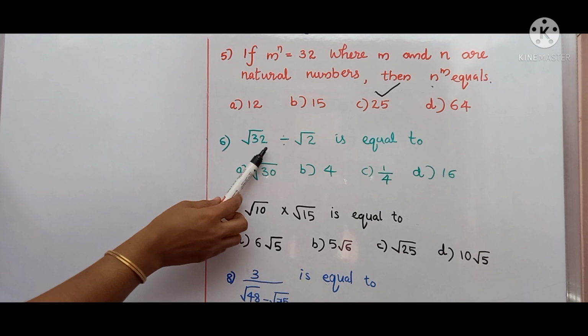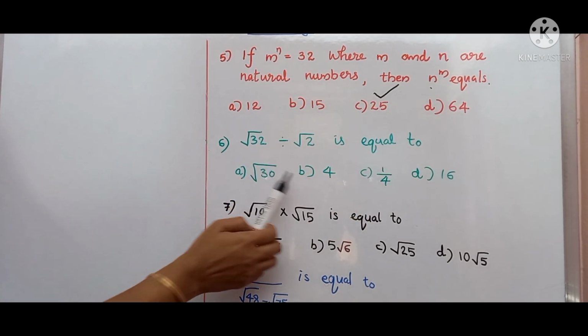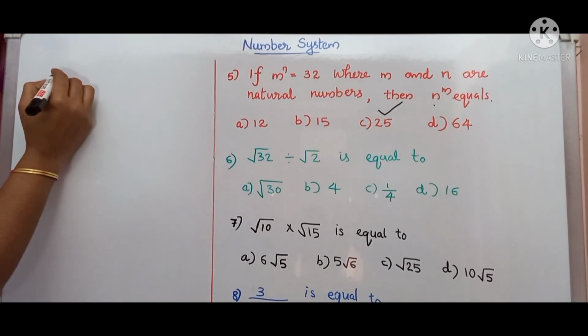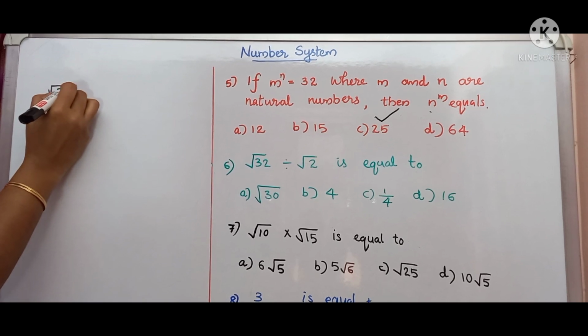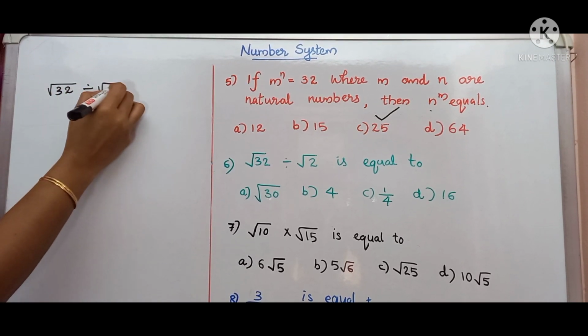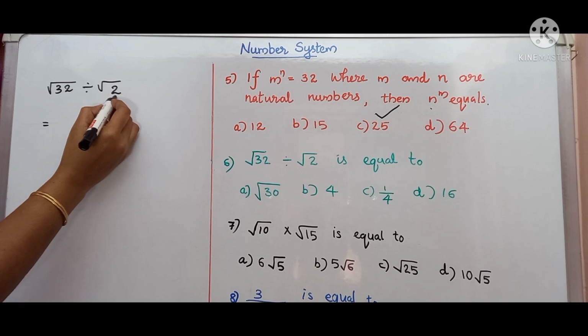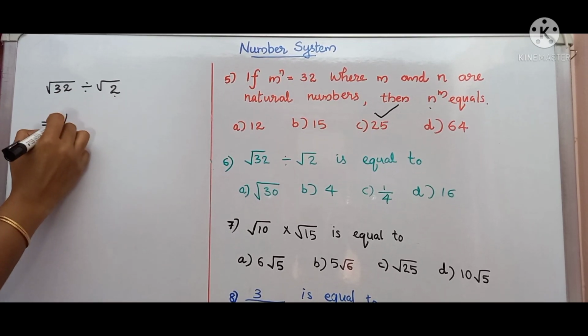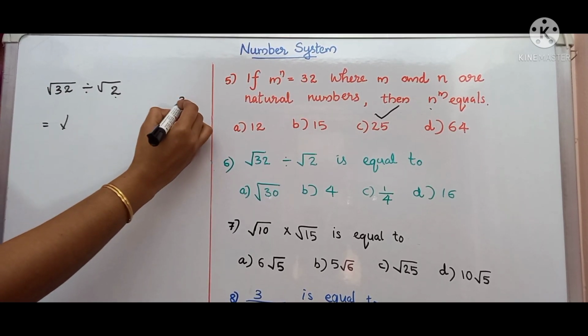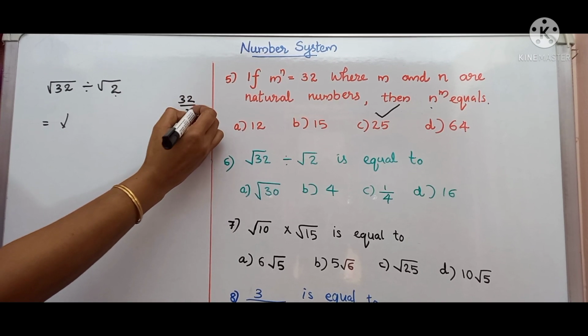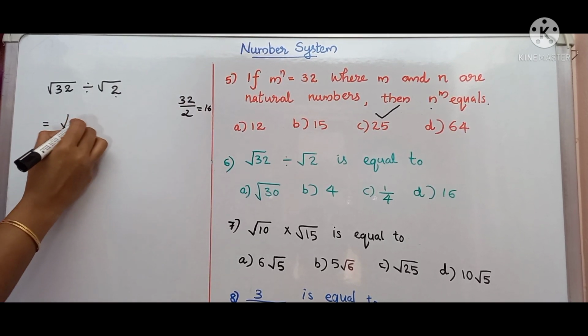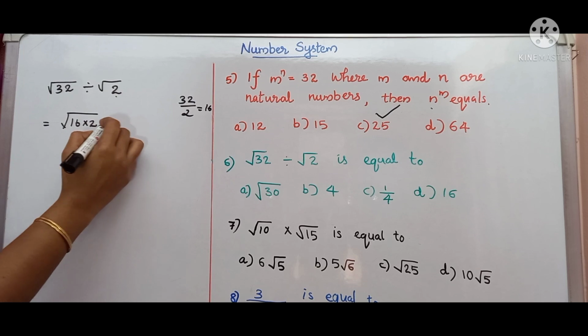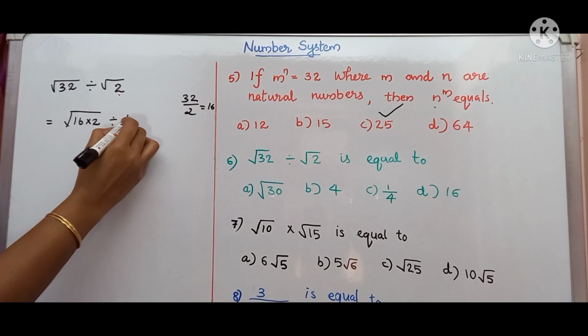Next question, root 32 divided by root 2 is equal to. Options are given. We have to solve it first. Root 32 divided by root 2. Here it is 2 given, so divide 32 by 2. We are getting 16. It can be written as 16 into 2 divided by root 2.